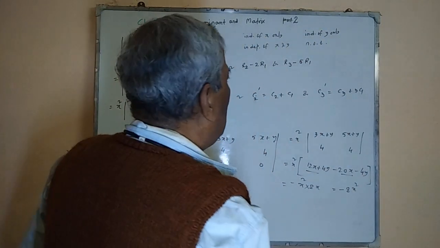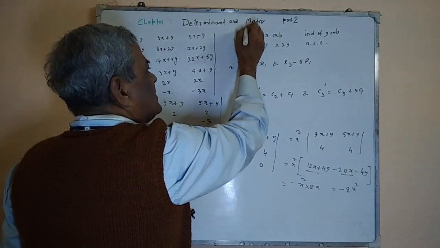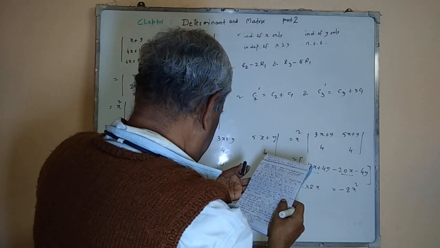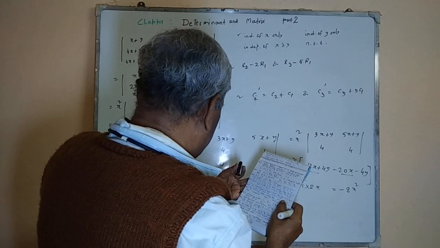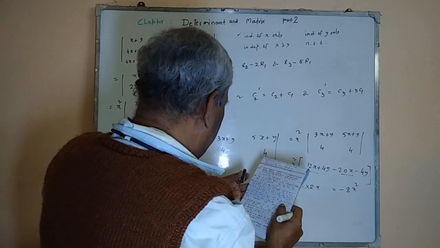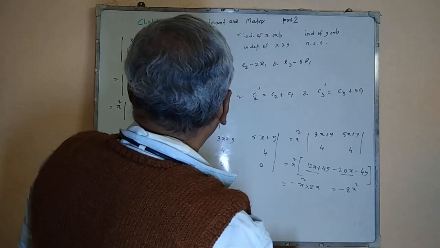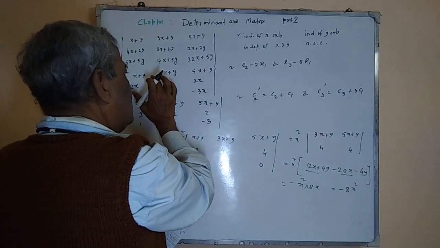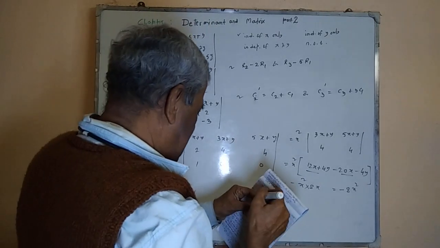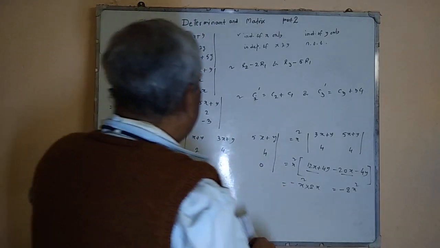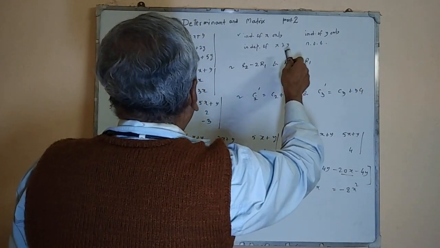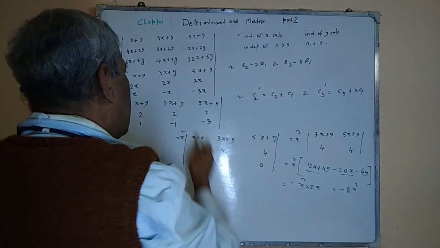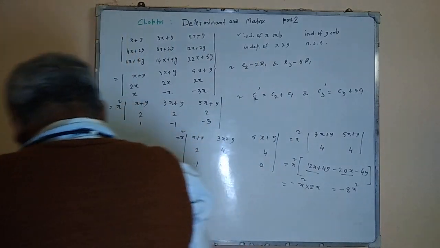So it depends only on x. Better you please check the calculation, this step and that step. Answer may be different. Option 4, option 3 may be correct. You try to check this and the process is exactly the same.